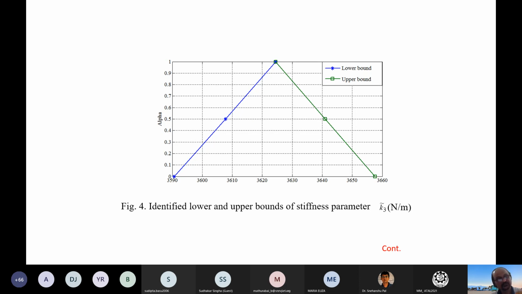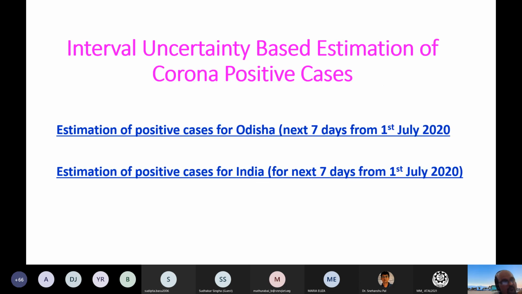Coming to the last two problems that I mentioned, I will give only the idea, as we have done just a little work and are in the process of doing more. Interval uncertainty based estimation of corona positive cases. This is the need of the hour for all of us, which is why we are meeting virtually. This is the estimation of positive cases for Odisha and India.